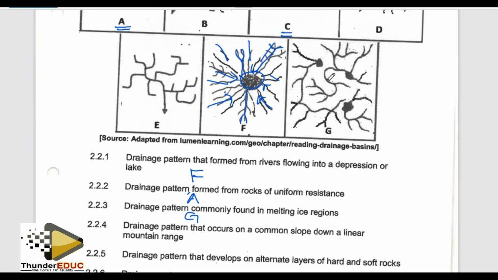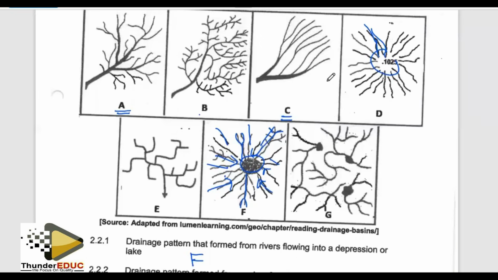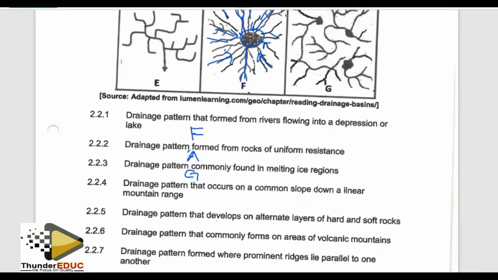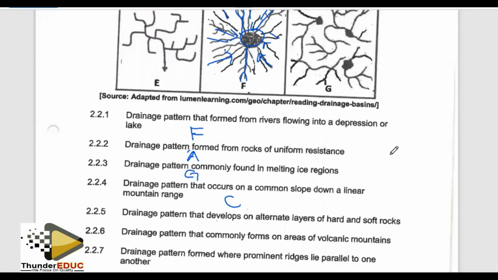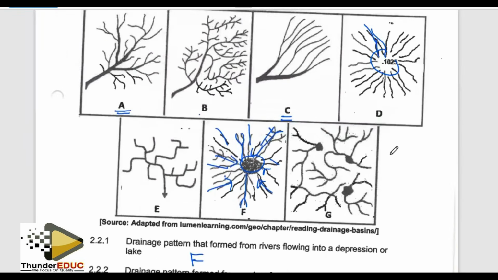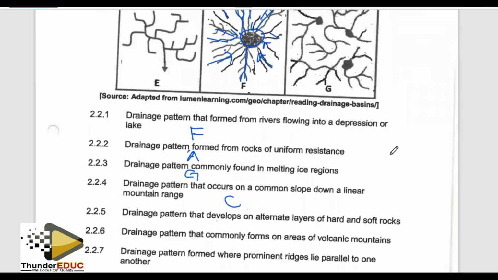Then 2.2.4, a drainage pattern that occurs on a common slope down a linear mountain. That would be C. Okay, 2.2.4, a pattern that occurs on a common slope down a linear pattern.